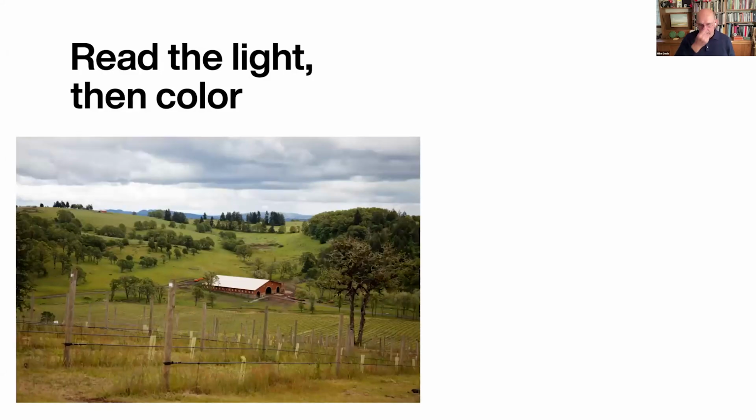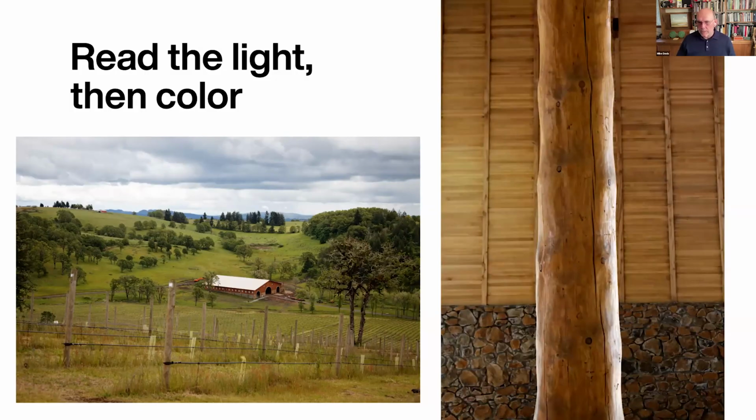I always suggest you read the light, then the color again. So here's a photograph of a winery in Oregon, and this building was significant in that the owners drew about 90% of the materials from the property and from their winemaking. And that thing is held up by these pillars, these trees, literally logs.